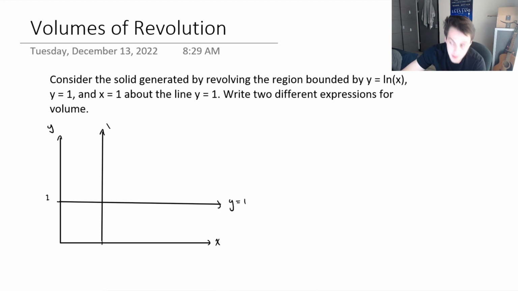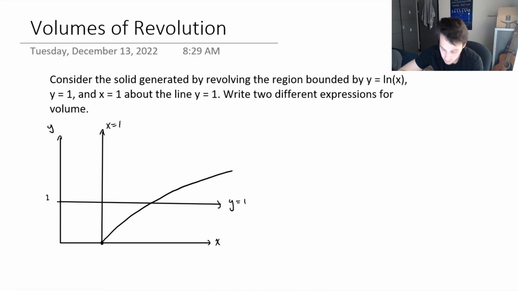X equals 1, and then we've got ln of x, and we know that ln of x has an x-intercept at x equals 1, so it intercepts the x-axis there, and then it's going to look something like this.